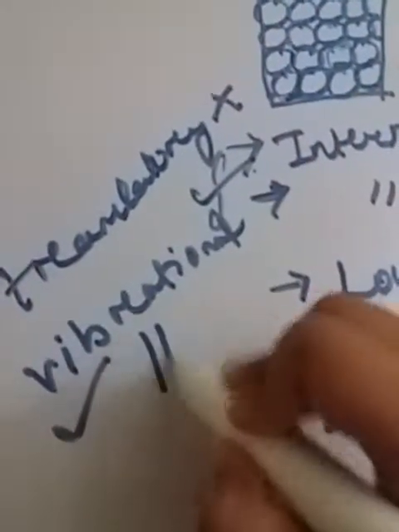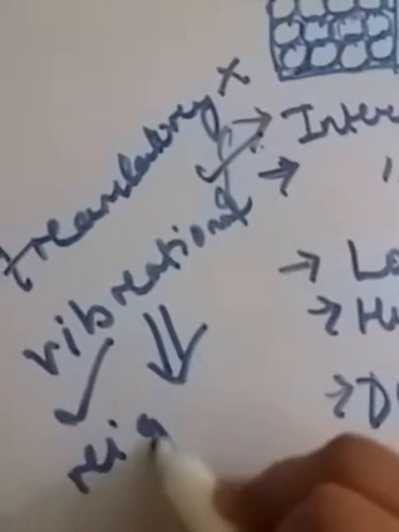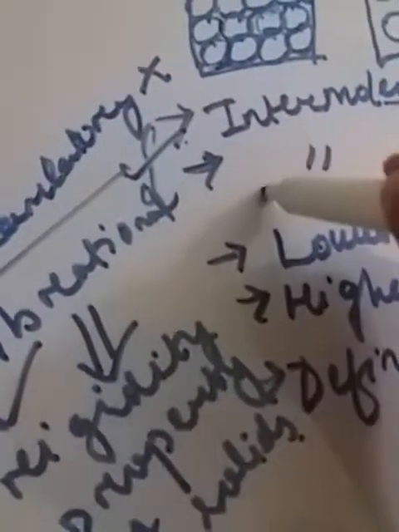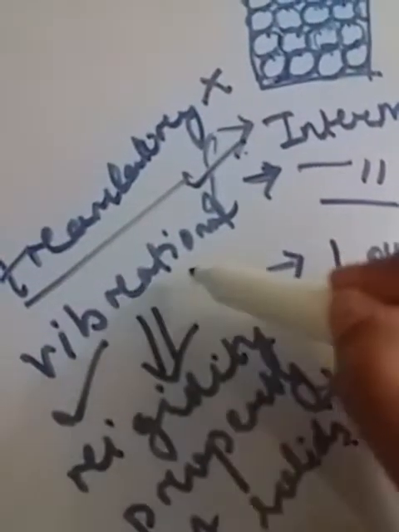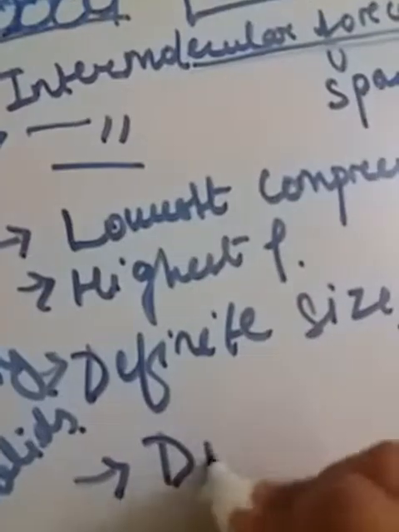So this explains the rigidity property of solids. They do not have translatory motion because of strong intermolecular force and least intermolecular space, but possess vibrational motion about their mean position. So solids have the rigidity property. So solids are rigid.